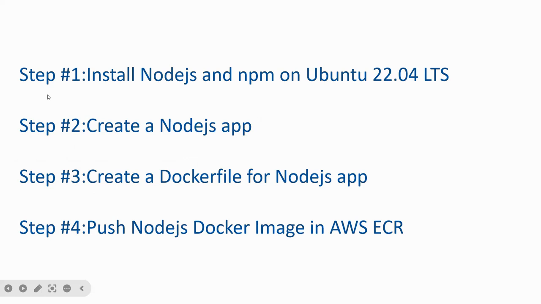So let's see the steps. First step is install Node.js and npm on Ubuntu 22.04 LTS. npm is the Node.js package manager and it is used to install, manage and share code packages written in JavaScript.